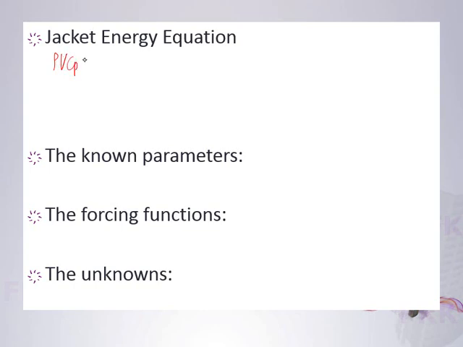Rho V CP, this is all J. Rho J VJ CPJ, dTj on dt equals to Fj naught rho j naught Cpj naught Tj naught minus Fj rho j Cpj Tj.